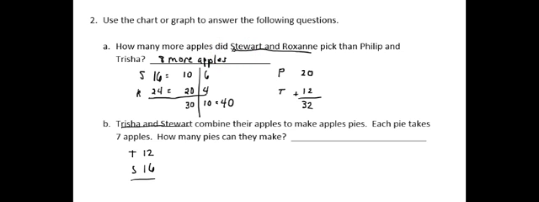We'll combine those and we get 28 apples. I'll take those 28 apples and divide them into groups of 7 because it takes 7 apples for each pie. That means that I would have 4 groups. So they can make 4 pies using their 28 apples.